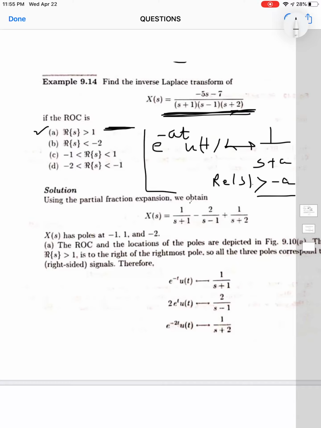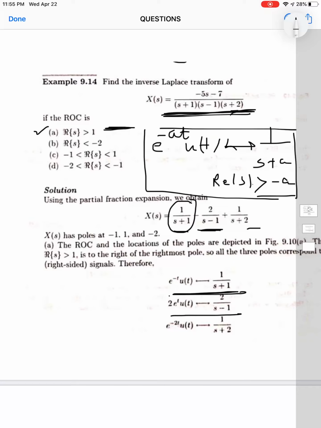You will consider this transform pair to write the inverse Laplace transform if the sequences you are considering are right sided. For this term the inverse Laplace transform is this, and for this term it will be this function, if you are considering all the terms right sided, right?